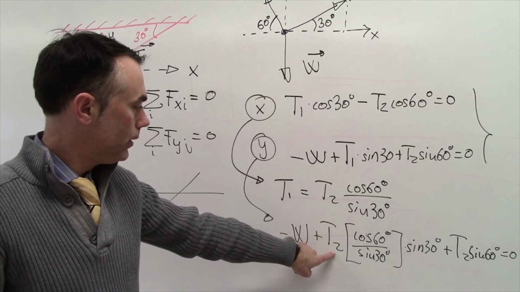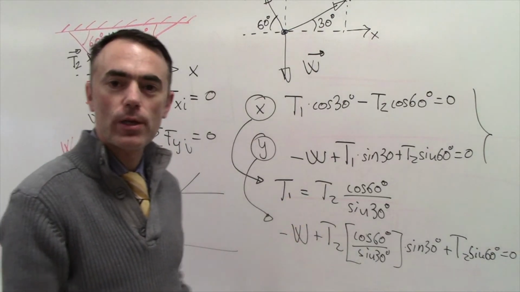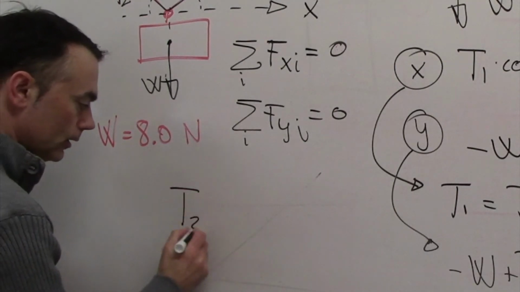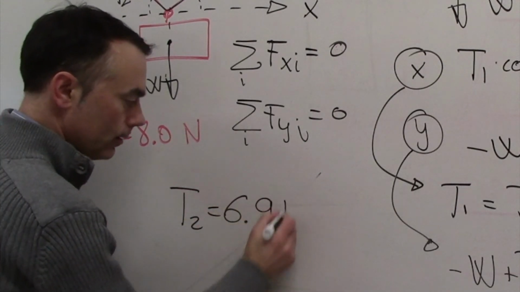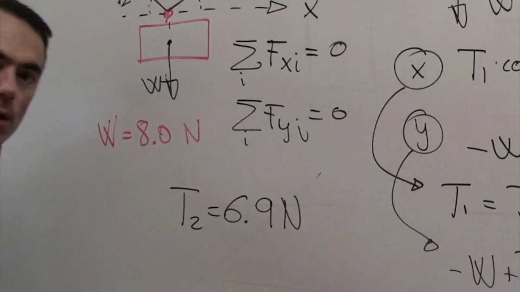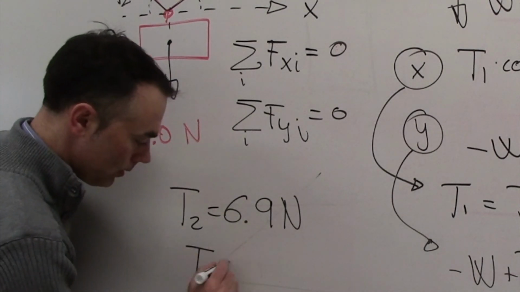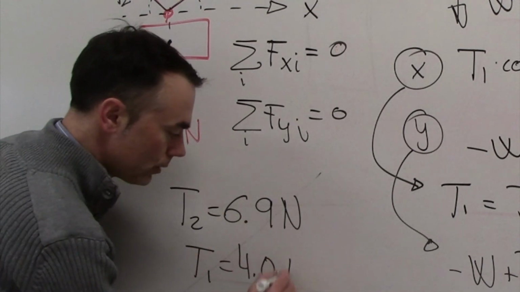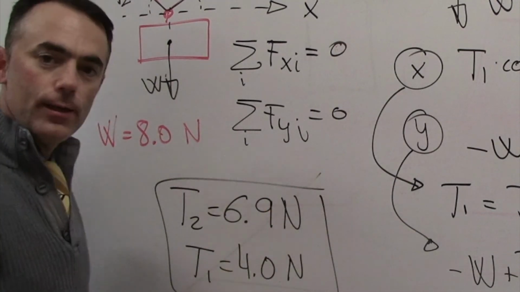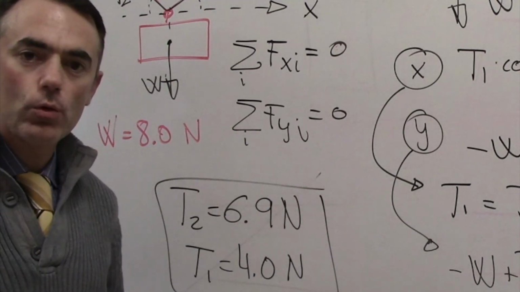You solve for T2 here, and then you substitute here. I will just give you the results. T2 is 6.9 newtons, and T1 is 4.0 newtons. I led you to get to these numbers from those equations.